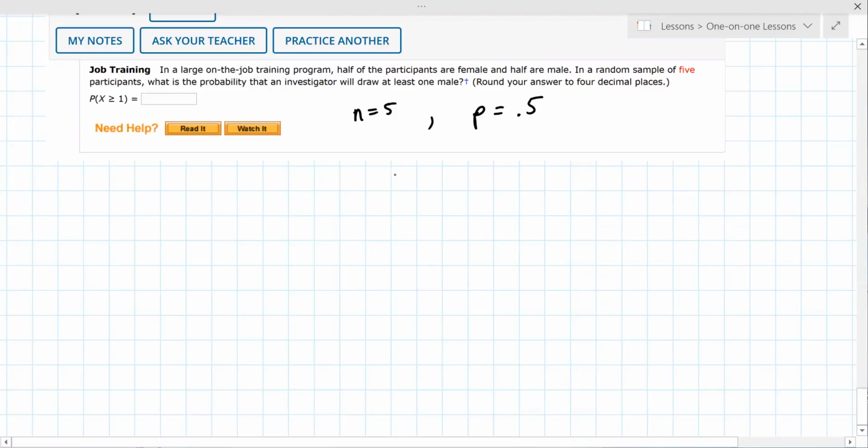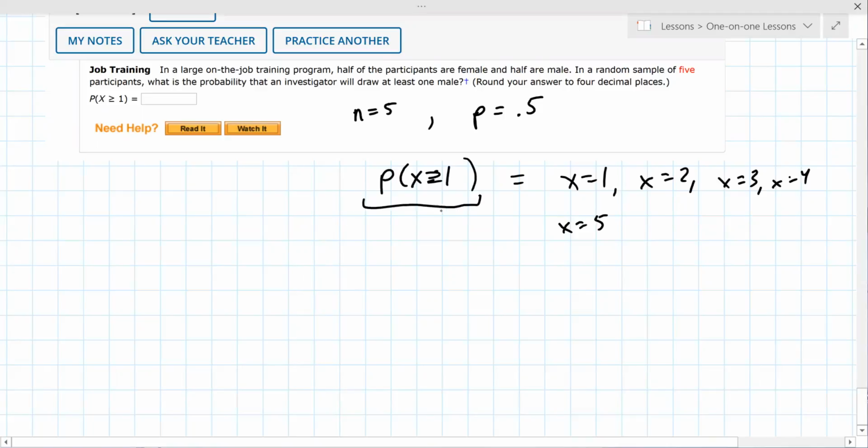This probability that X is greater than or equal to 1 means that you care about X equals 1, X equals 2, X equals 3, X equals 4, and X equals 5. That's a lot of work. You can do this 1 minus. This right here is the same as 1 minus the probability that X is less than or equal to 0. 0 is just one place, so it's 1 minus X equals 0.